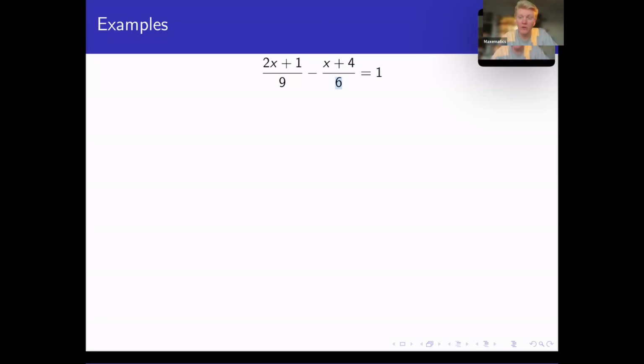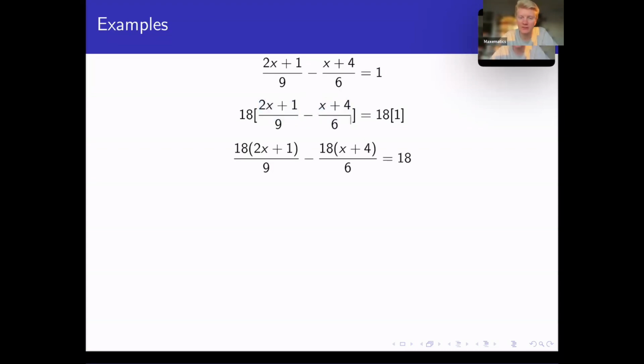So what we're going to do is multiply everything by 18. Okay, literally multiply everything by 18. Okay, well, what we're going to do is distribute 18 to each of these two fractions. 18 times this fraction minus 18 times that fraction. This is like 18 over 1, so fraction multiplication.